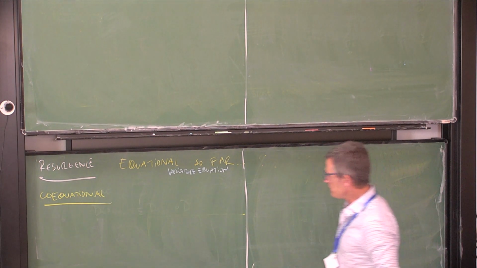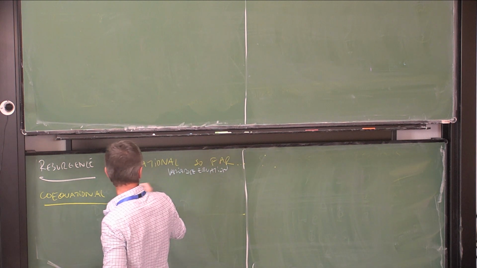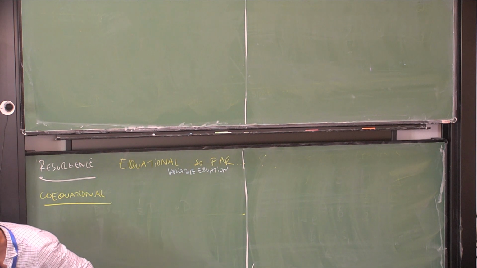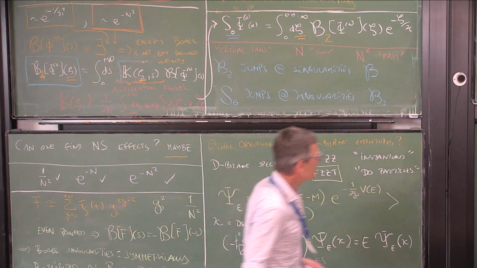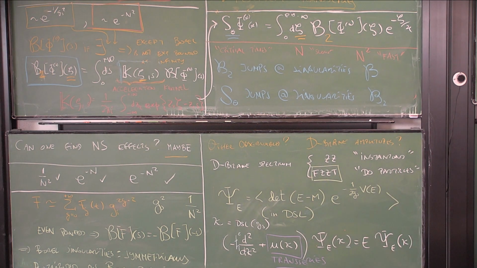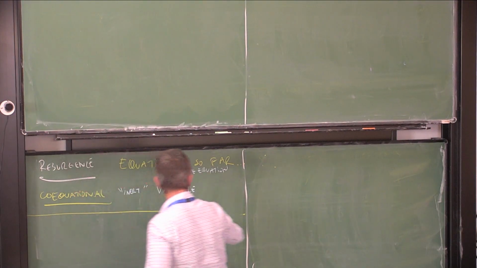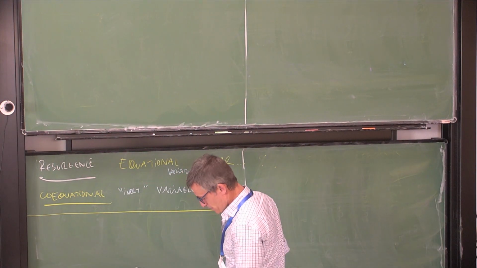And coequational is what is not in the variable of the equation, so it's not in kappa, but it's in, okay, h bar. Maybe I can put an h bar there. And a calculus is the inert variable. And now, I think I have 2 minutes, so let me be a bit schematic to try to just wrap up all this overview part.